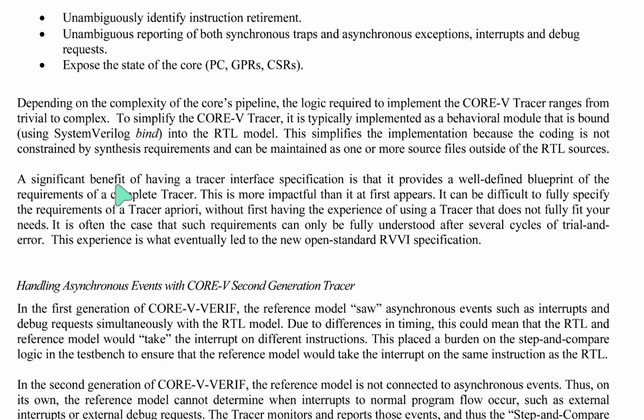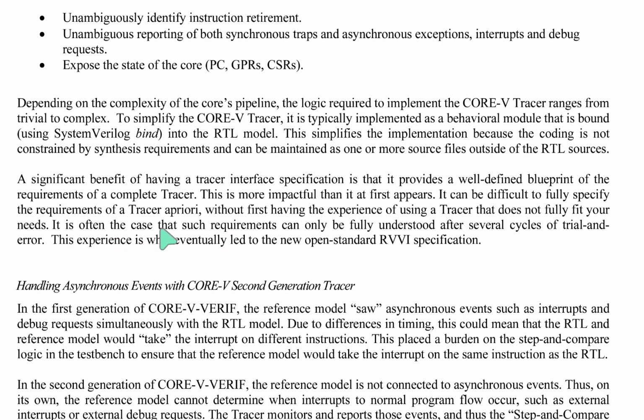A significant benefit of having a tracer interface specification is that it provides a well-defined blueprint of the requirements of a complete tracer. This is more impactful than it at first appears. It can be difficult to fully specify the requirements of a tracer a priori without first having the experience of using a tracer that does not fully fit your needs.